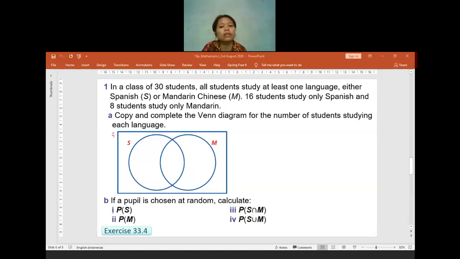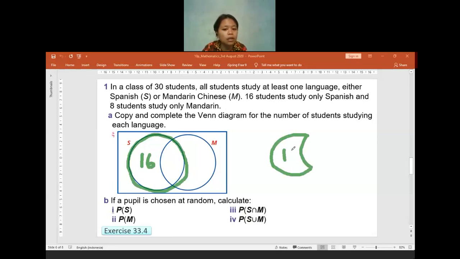So for the number 16, where do we have to put it? Spanish, yes. Is the full circle of Spanish equal to 16, or is it only a part of the circle that is 16?